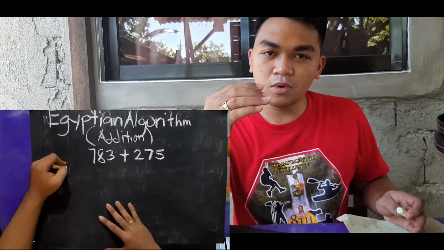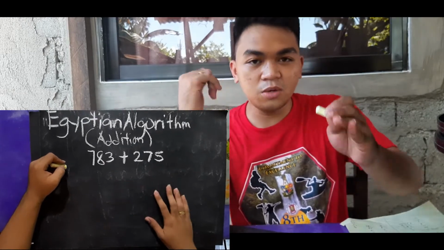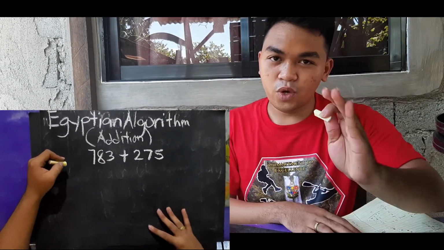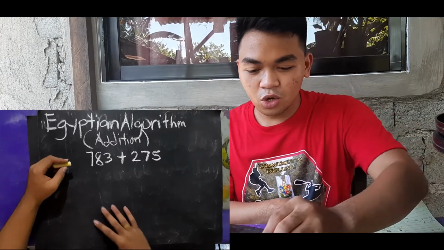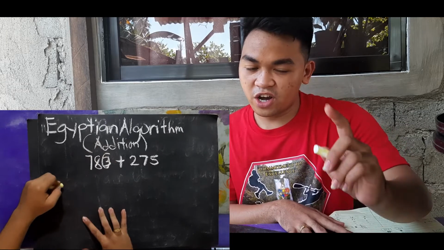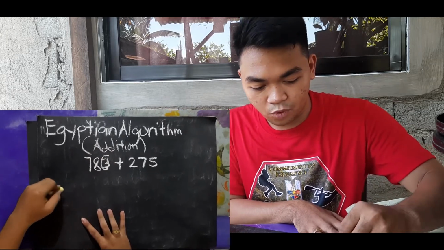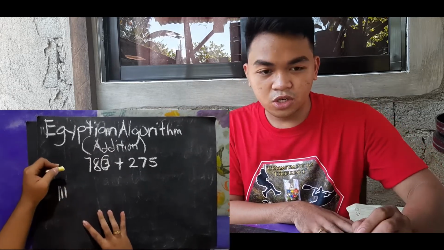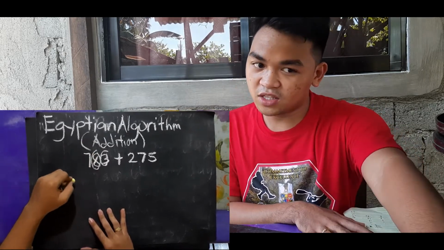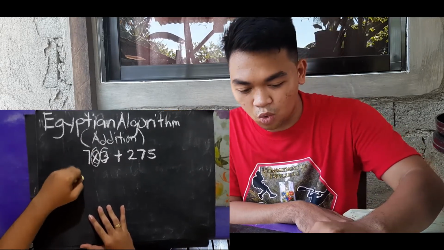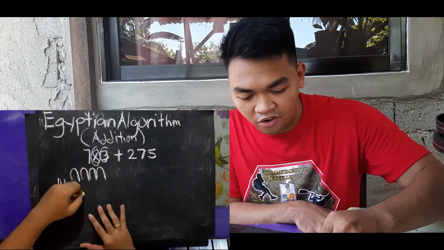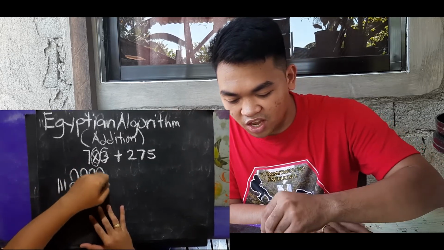This is the most important thing for you to know: the Egyptians always write the lowest numbers first. So we write the lowest number first. So it's 3, and the symbol of 3 is this: 1, 2, and 3. Second is the 8, so the symbol of tens is this: 1, 2, 3, 4, 5, 6, 7, 8.